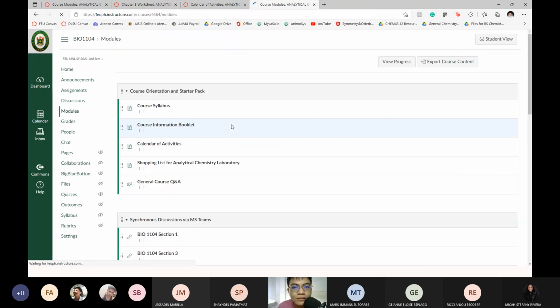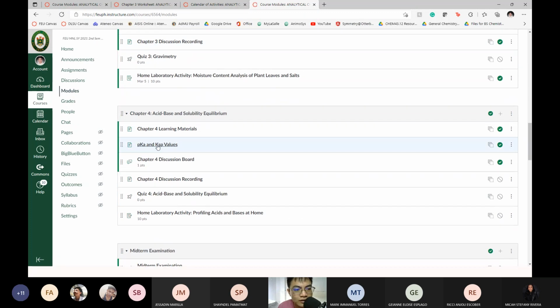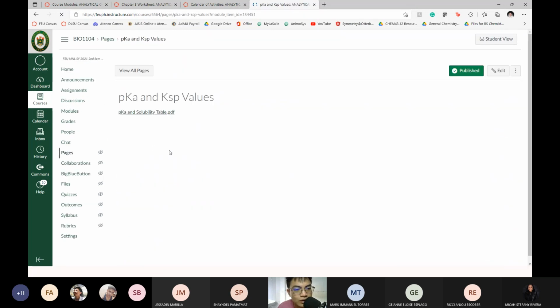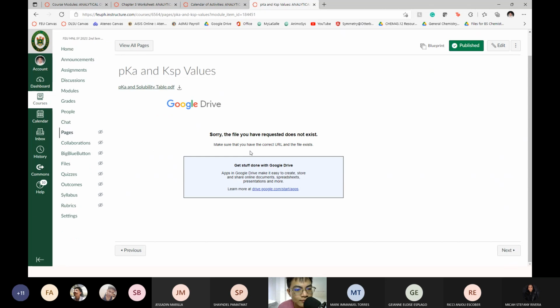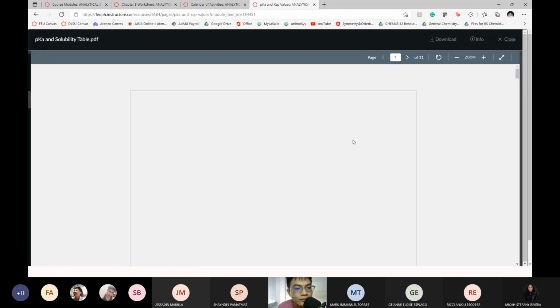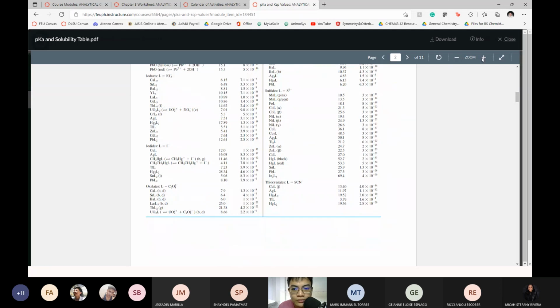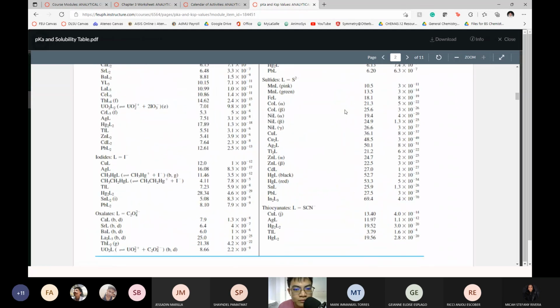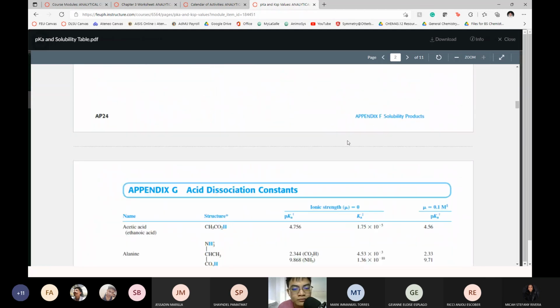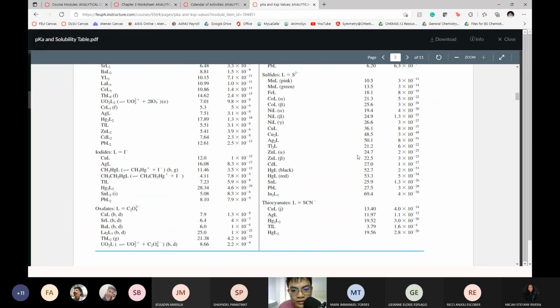Bakit kaya mas marami yung K less than 1? Let me show you. Ito yung KSP values. Anyway, so click nyo na lang yung download file. Ayan. So, kung titignan nyo, puro raised to negative something. Meaning, less than 1 sila.